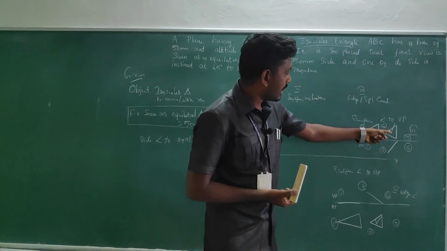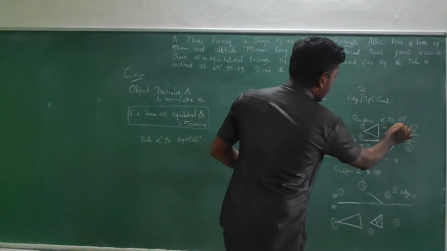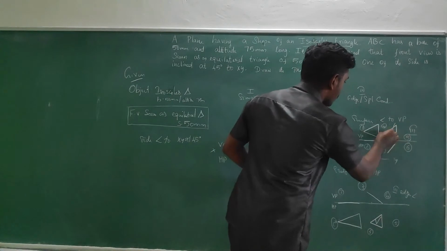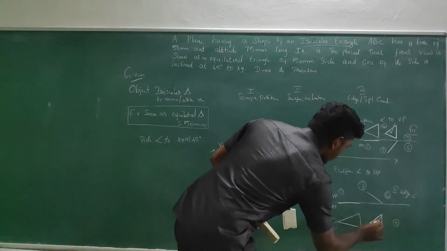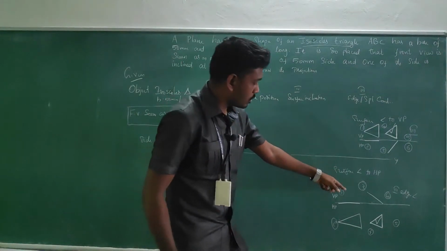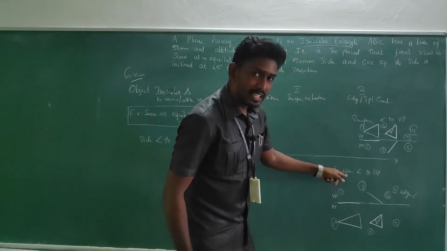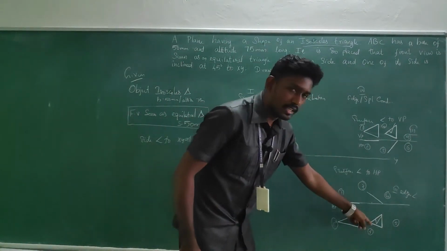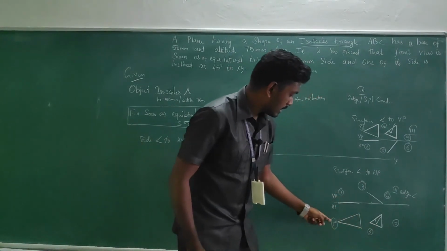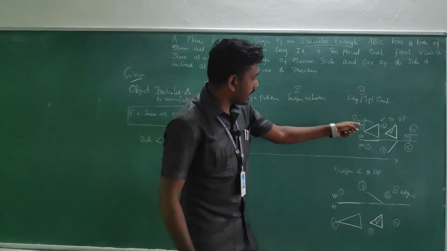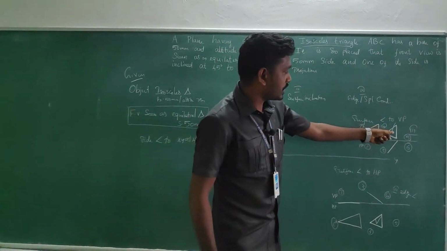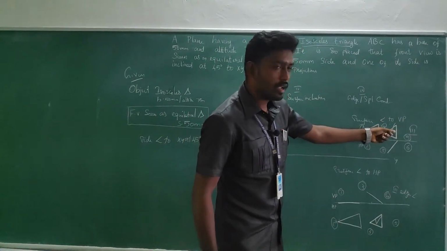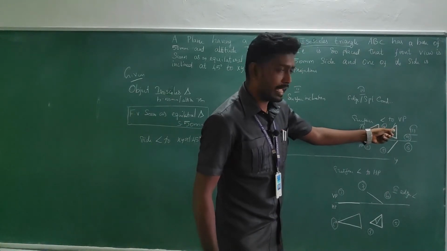Think about it. If the shape should be formed on the front view, think about the inclination. When the surface is inclined to HP, we get the true shape where? In the top view. When the surface is inclined to VP, we can observe the true shape, that equilateral triangle, in the front view.